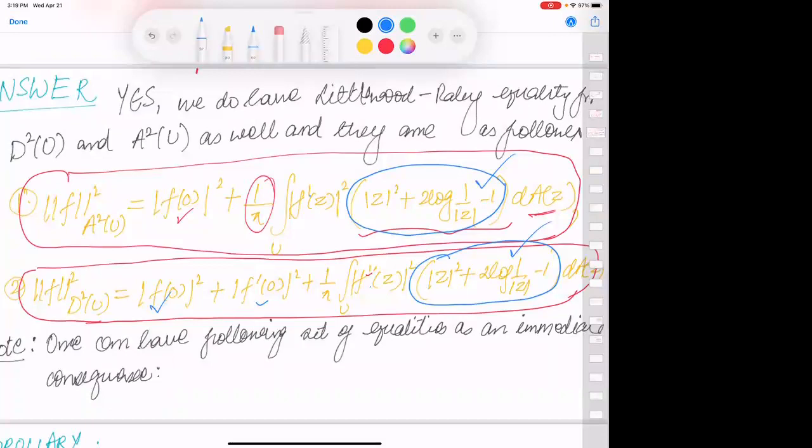What does it mean that this absolute value of z squared plus 2 log over z minus 1 is present in both of them, again the same thing? And then I wanted to do more, in the sense that I wanted to know: is there any connection between these two, or maybe between these three spaces?